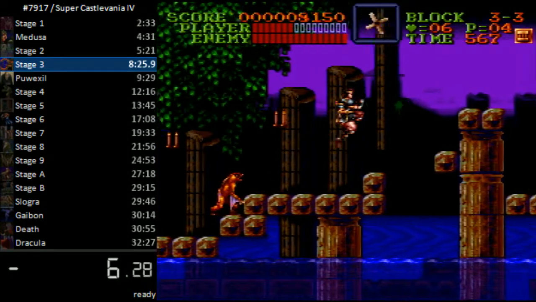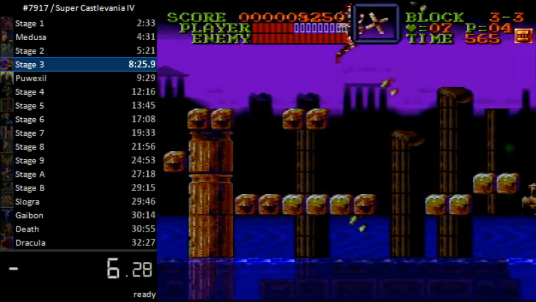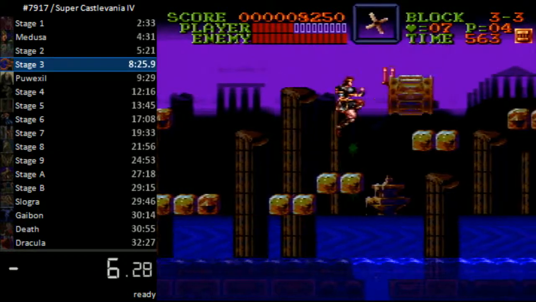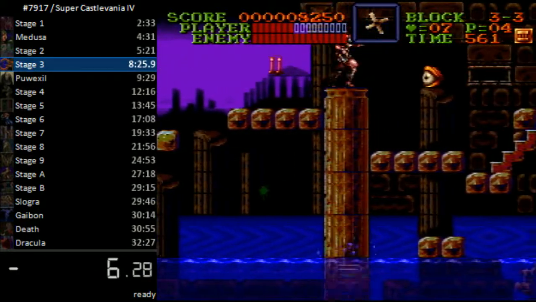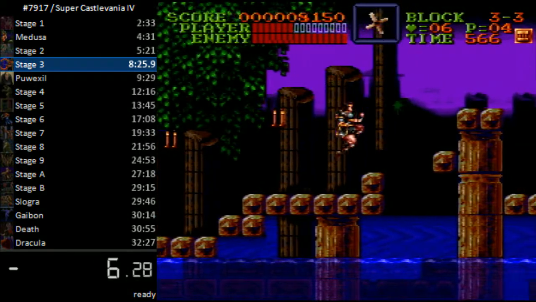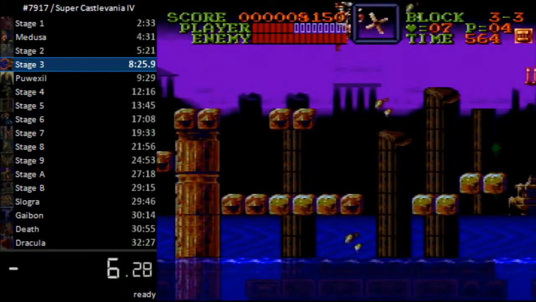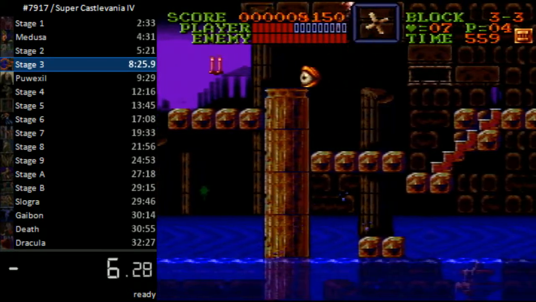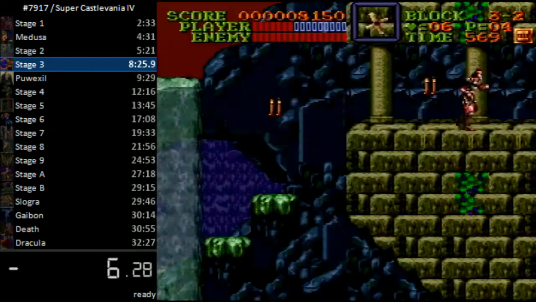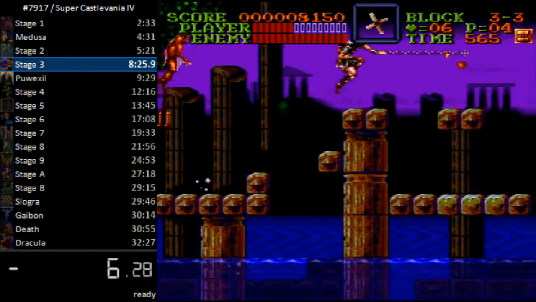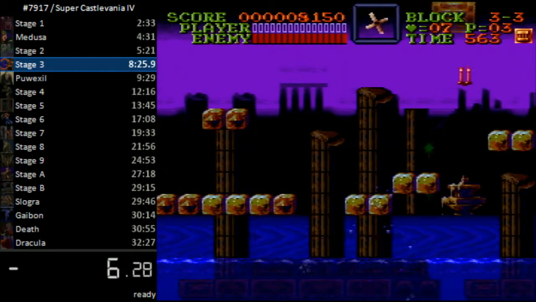I'll just do some more trials. Early pattern. Early-ish, like not as early as last time, but yeah. Really early, but I died.